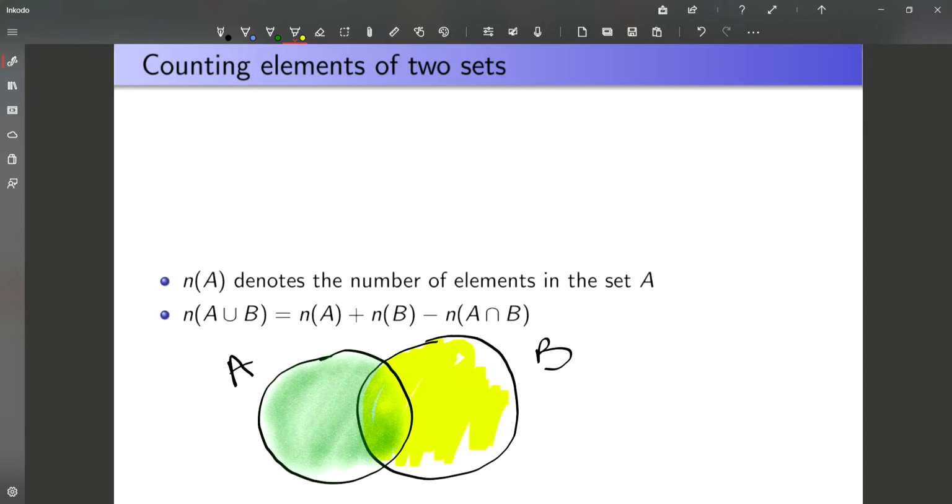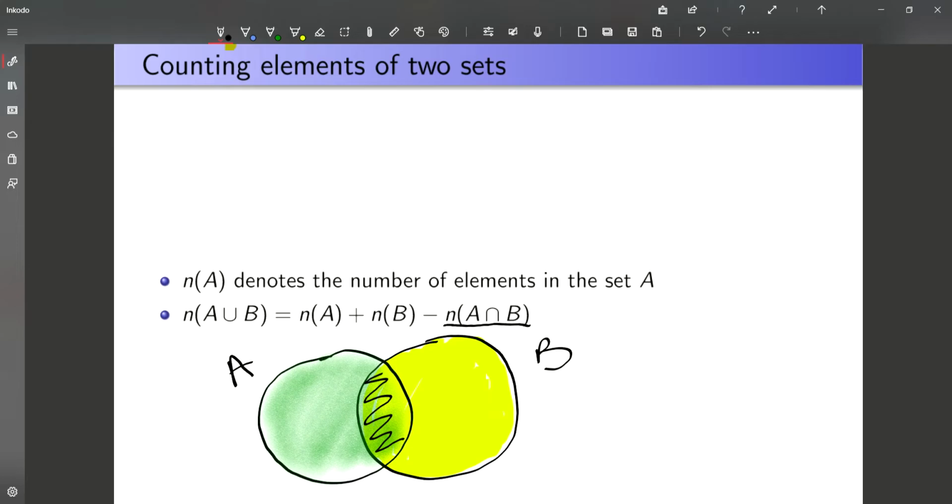And hopefully it's really clear to see that those elements in A intersect B, meaning those elements in here, have been counted twice, right? So in order to count accurately, so that we only count each element once, we have to make sure that we subtract the number of elements in A intersect B to make sure we're not counting the overlap.